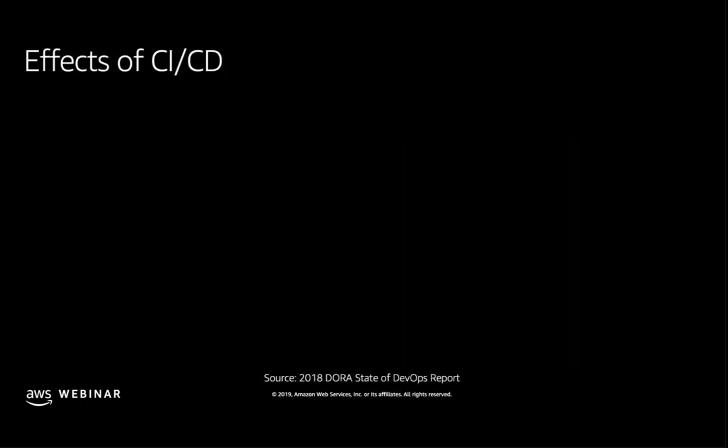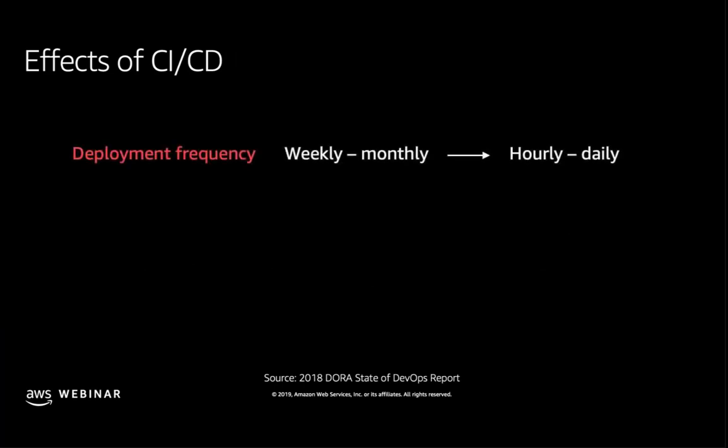So why is CI/CD important? According to the State of DevOps report, teams that implement CI/CD can improve their deployment frequency, so the frequency that they deploy their code, from weekly to monthly to hourly to daily.